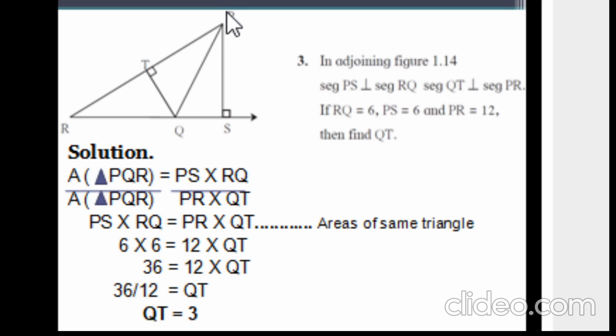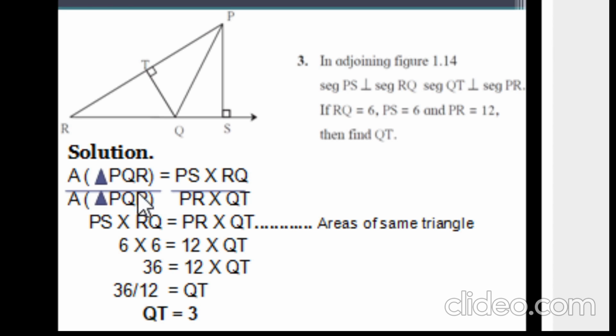See, consider this triangle PQR in two ways. First way, where QR is your base and PS is your height, PS into QR. Another way, you consider TQ as your height and PR as the base. So area of triangle PQR is equal to PS into RQ, and also PR into QT. These are the two conditions.